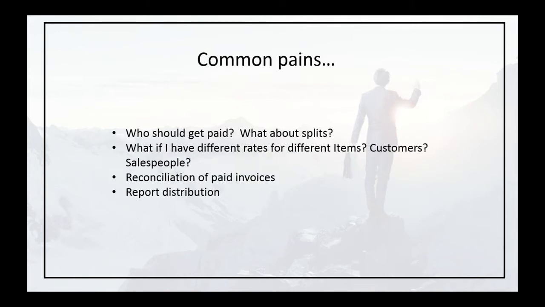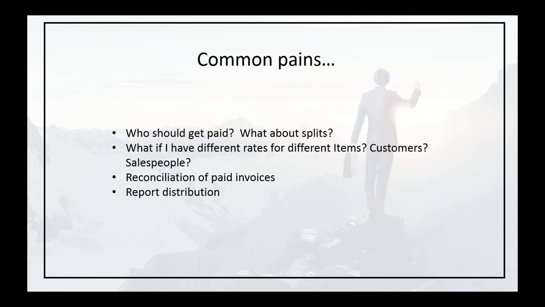For those of you in charge to administer commissions, you understand the pains in tracking who should get paid, especially if there are multiple salespeople or if you have commission splits, a task that is time-consuming and difficult in Dynamics GP. What if you have different rates for different items or different rates for different customers and salespeople?